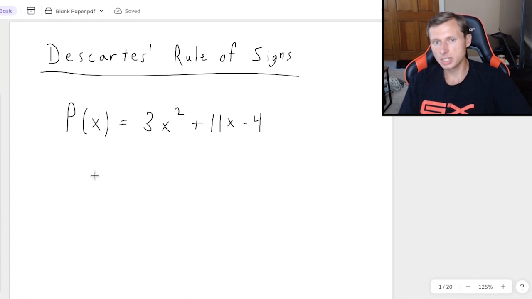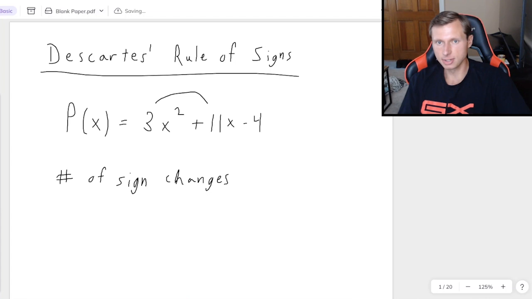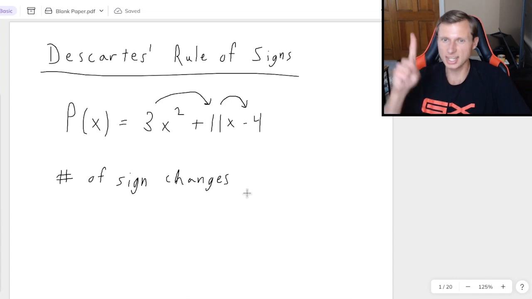And basically what he discovered is that the number of sign changes as you go through the terms, like for instance, 3x squared plus 11x stays positive, so 0 sign changes, but then you go from positive 11 to negative 4, and that's 1 sign change.